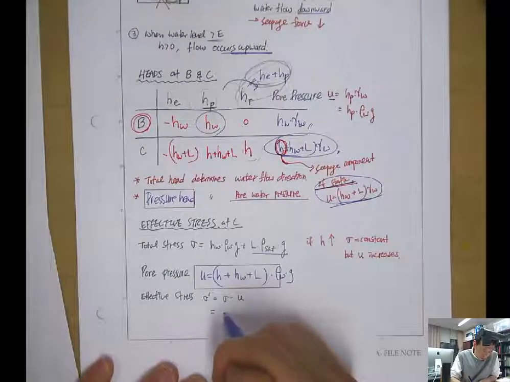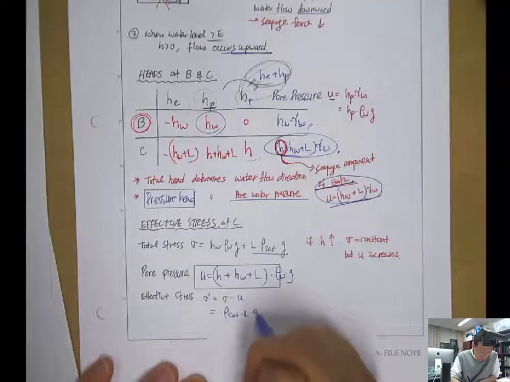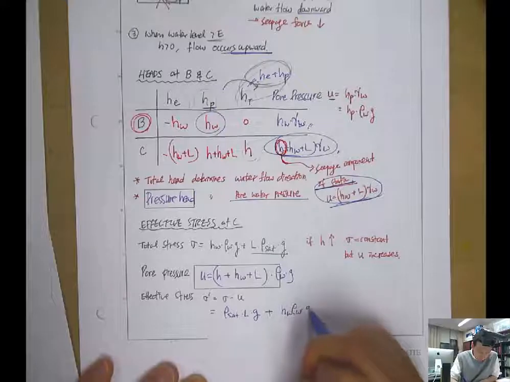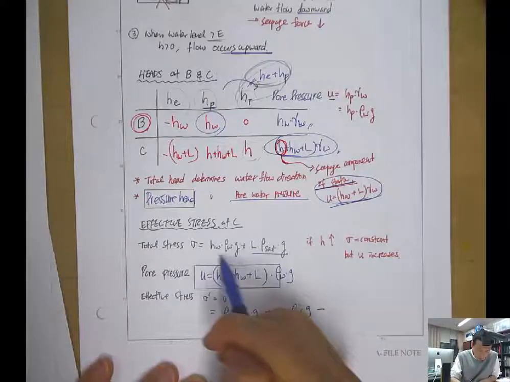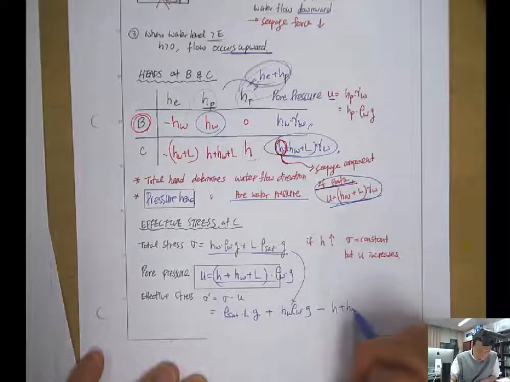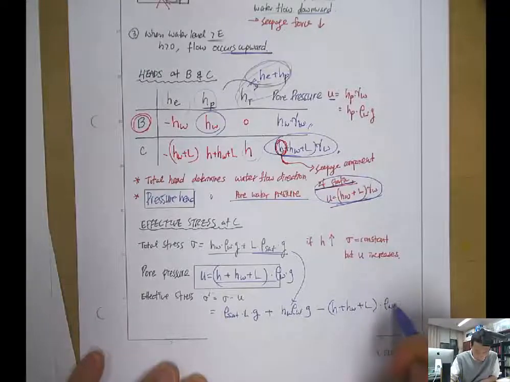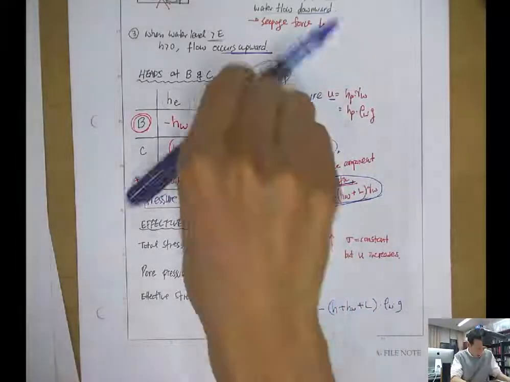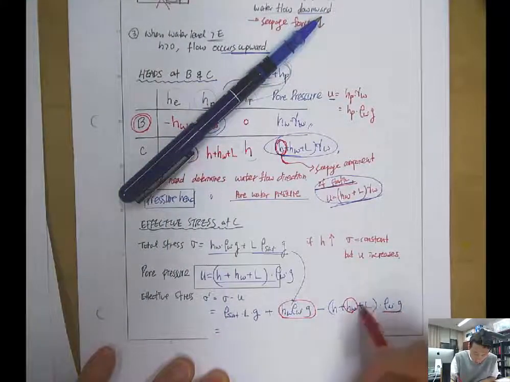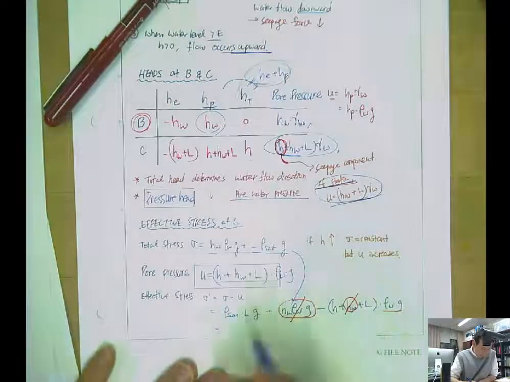So here, rho sat L G plus HW rho W G, minus, this is the total stress from here, H plus HW plus L times rho W G. And then you can see that this term is this, so it will cancel out.